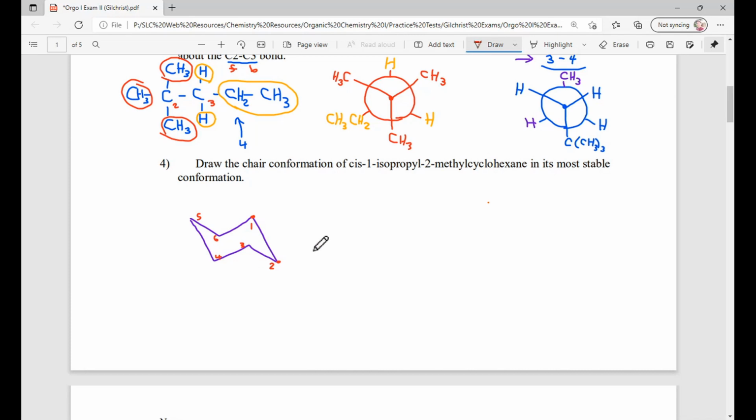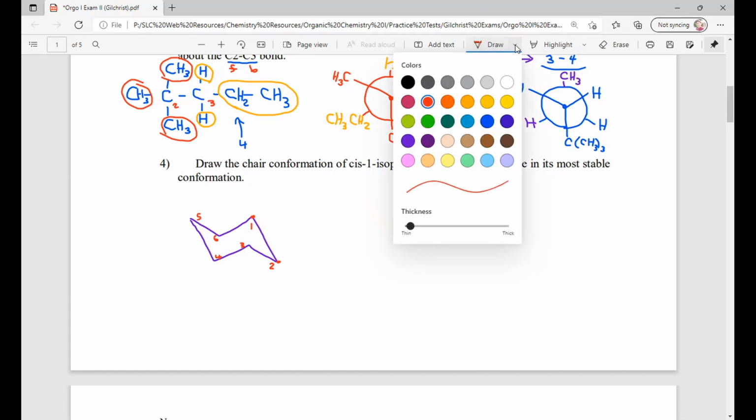Now one thing that's very important: your axial position switches between up and down. Before you even start drawing substituents here, you should really identify your axial and your equatorial positions. So I'm actually going to color them differently just to make them stand out a bit. I'm going to use purple for my axial.